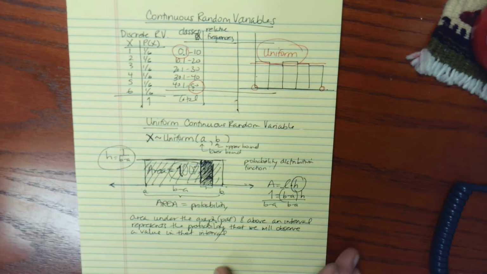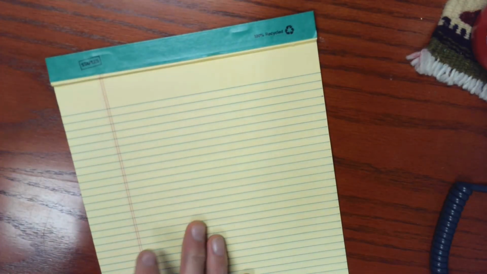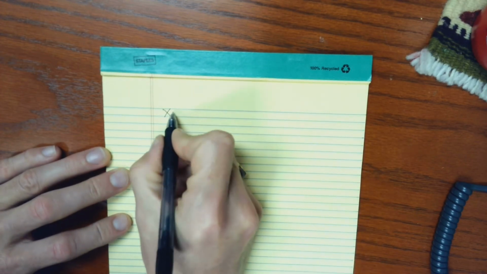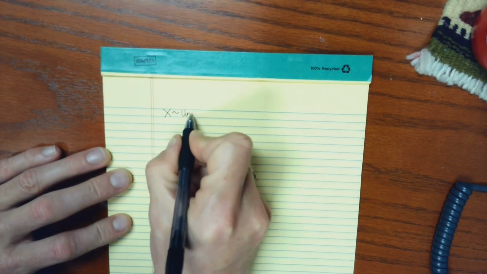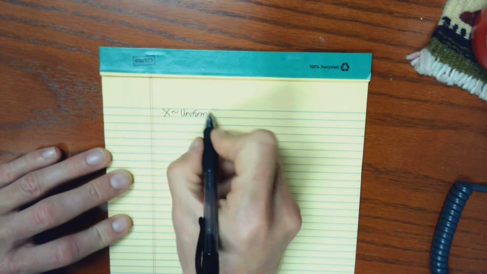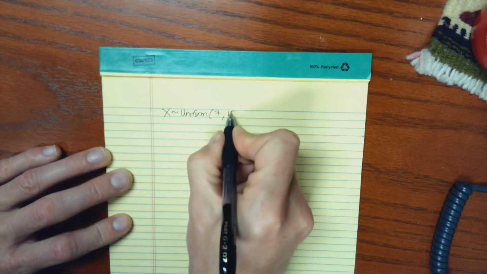So let's look at an example with some actual numbers and not just an a and a b. Suppose that I have a continuous random variable. I'll just stick with x, and I let you know that it is uniformly distributed. So x follows a uniform distribution, and it has a lower bound of 7 and an upper bound of 15.